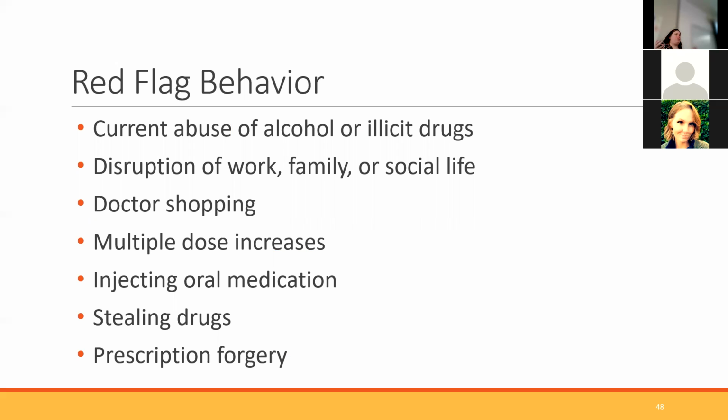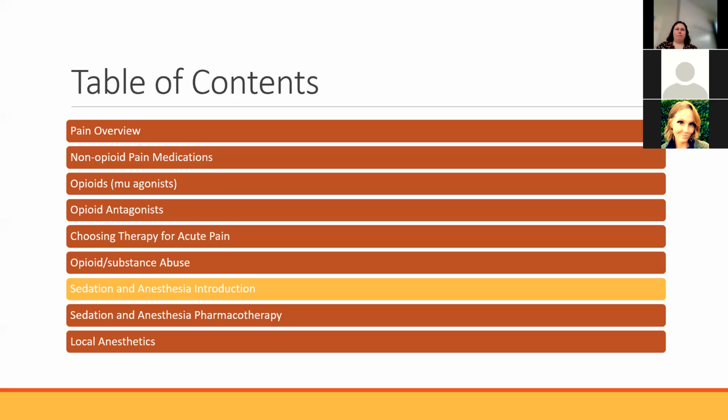So you can't go everywhere and get prescriptions from all over the place. Other red flags: lots of dose increases, particularly in a short time period; anybody caught injecting something that is supposed to be taken orally; stealing medications from somebody else; purchasing somebody else's medications; and forging prescriptions.